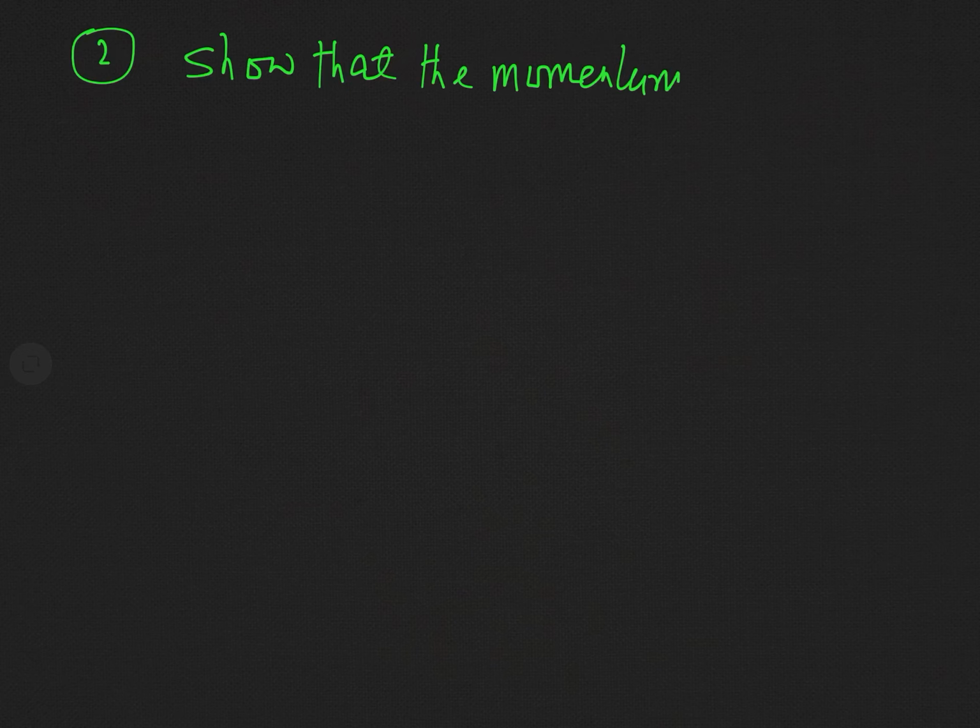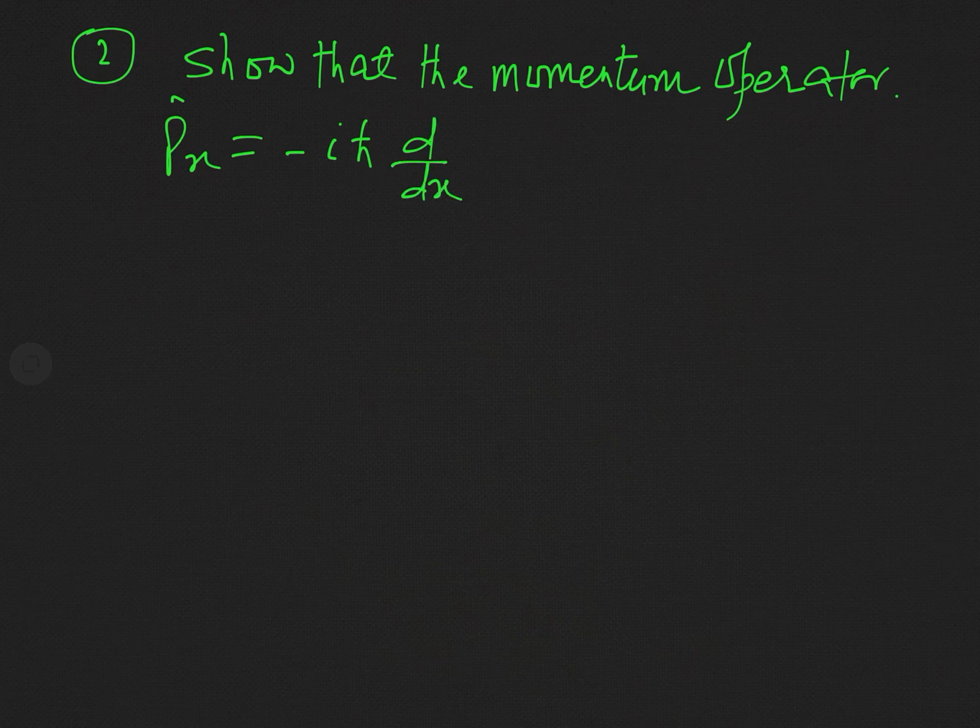So our second problem is to show that the momentum operator Px hat equal to minus i h cross d/dx is a Hermitian operator.